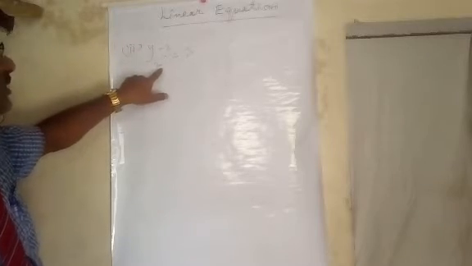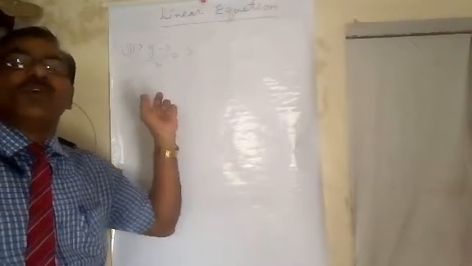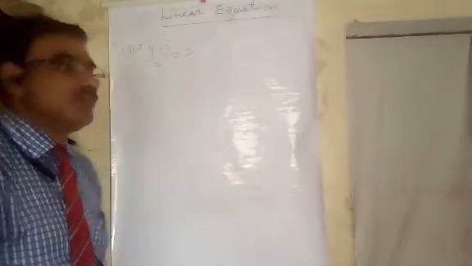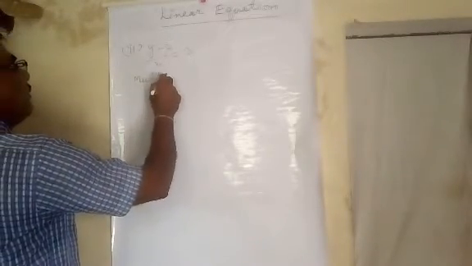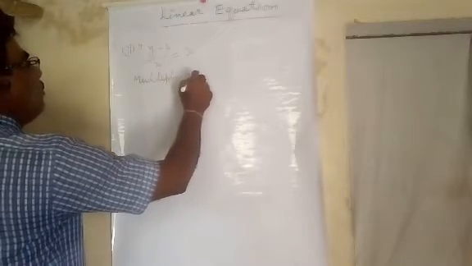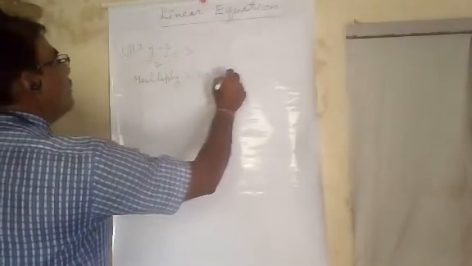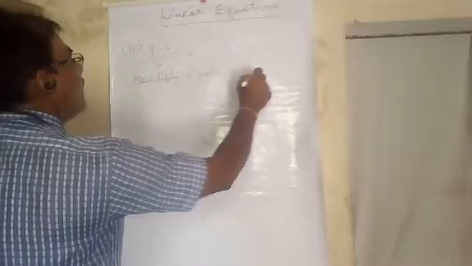Here in the denominator you see 2, therefore you multiply both sides by 2.